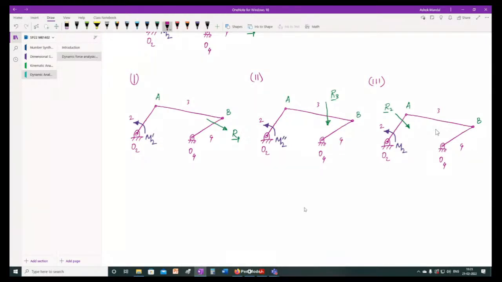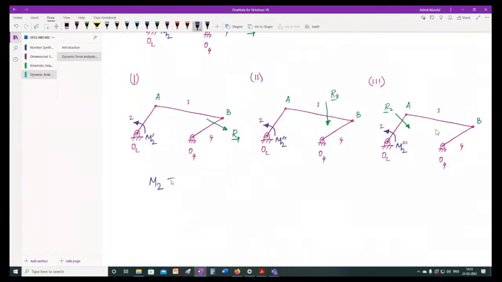All other forces are not there. And we will say for this R2, you need a torque that is M2 double dash. Okay. So finally, when we solve all these problems, we'll say what M2 is actually.